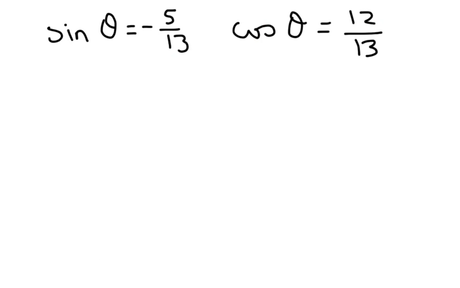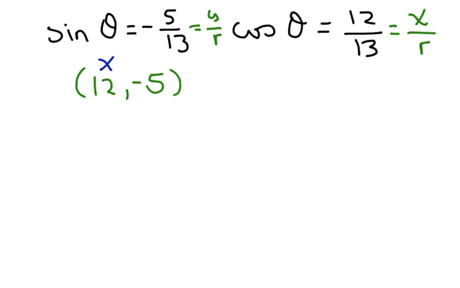Okay, we have to find the remaining trig functions, given that sine of theta is negative 5 over 13, and cosine of theta is 12 over 13. If you notice here that sine is y over r, and cosine is x over r, then we have our ordered pair is 12, negative 5.